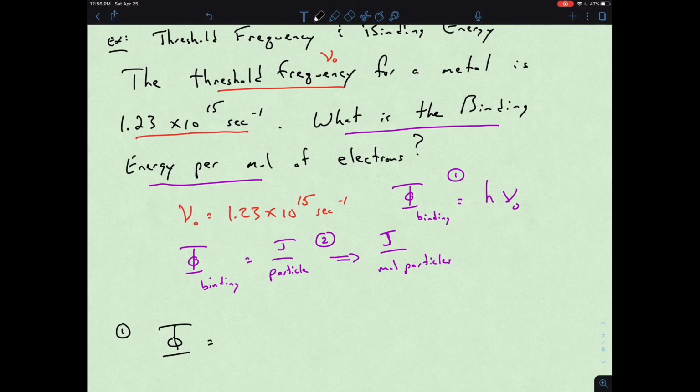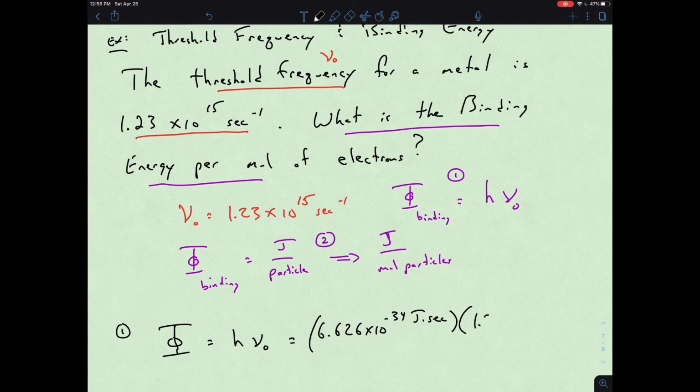So for step one, our binding energy is equal to Planck's constant times the threshold frequency. So here is our Planck's constant, 6.626 times 10 to the negative 34th joule seconds.